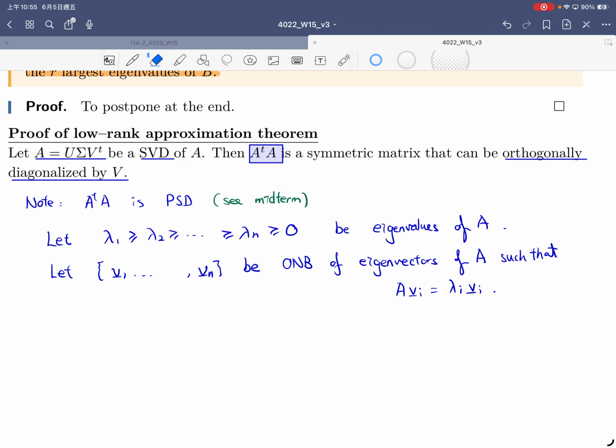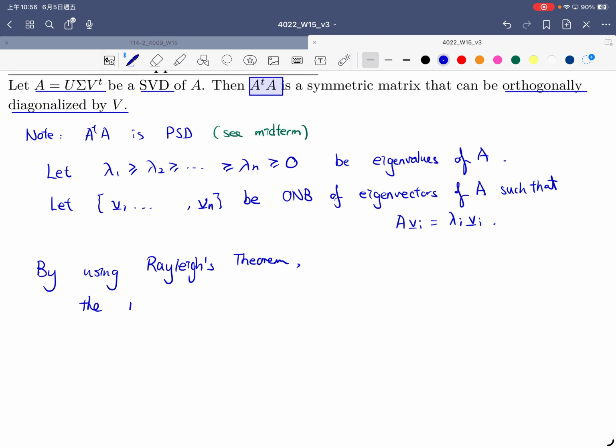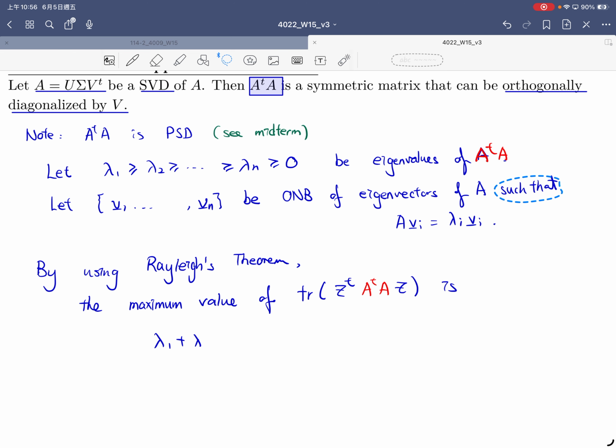So by using the Rayleigh theorem, what is the maximum value of the trace of Z transpose A transpose A Z? It is given by the sum of the R largest eigenvalues. Not eigenvalues of A, eigenvalues of A transpose A. Sorry, A transpose A is different; A is not even a square matrix.